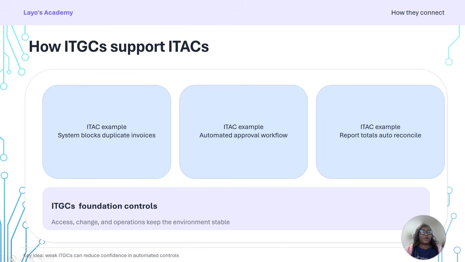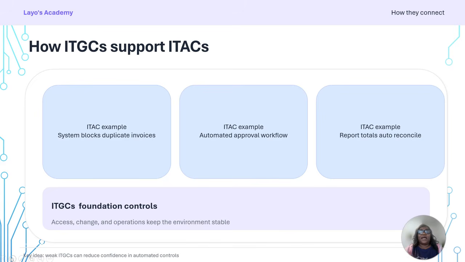ITGCs are the foundation controls, like we said: access, change, and operations, they keep the environment stable. If ITGC is weak, it can reduce the confidence in automated control. So ITGCs, if they are not strong, they are closely related and support ITAC. If ITGCs are not strong, automated controls, ITACs will be affected.